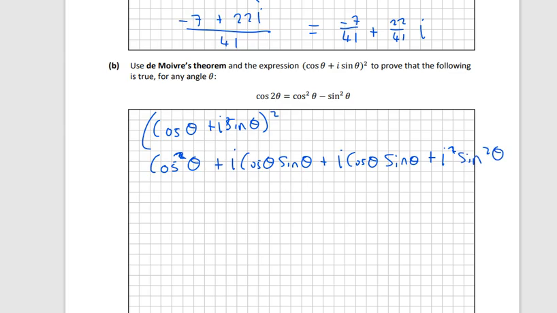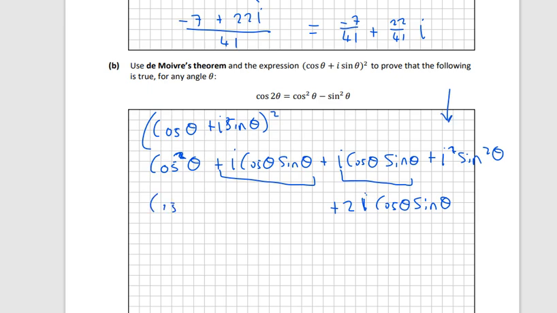squared theta. Therefore, if I put the two things in the middle together, they're the same thing, so I just get two of them. So plus 2i cos theta sine theta. And the i squared there again turns into a minus 1.